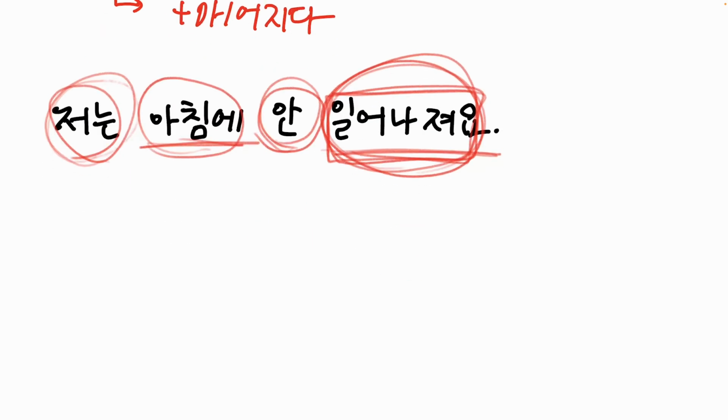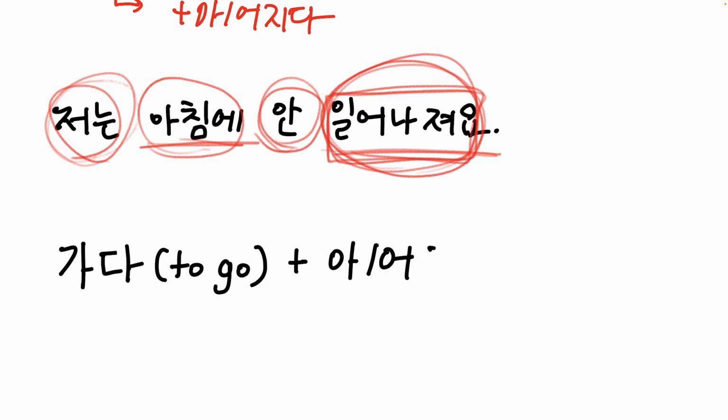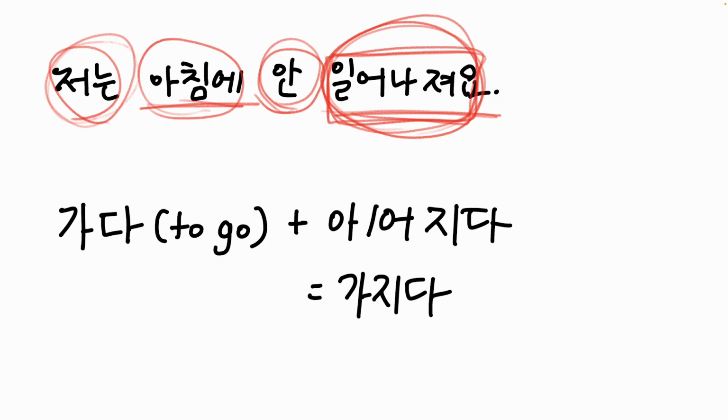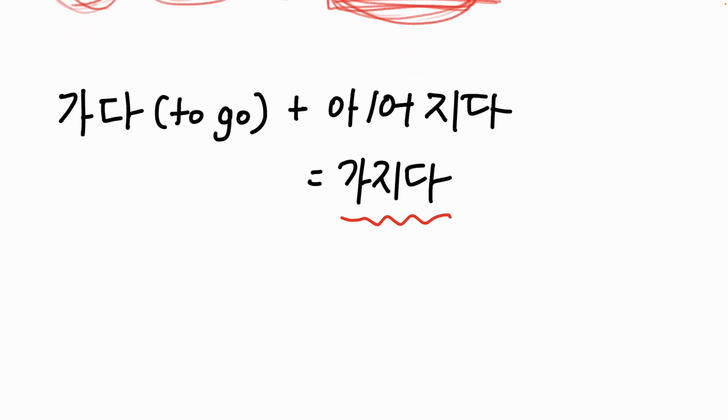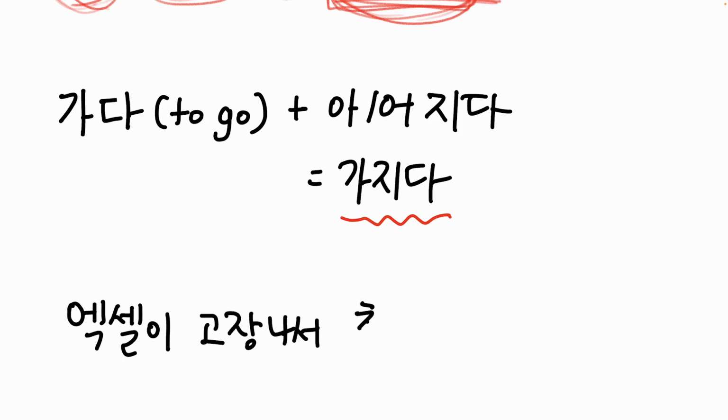And also, guys, 가다 means to go. 가다, this kind of verb can also be attached to 지다 and become 가지다. And this 가지다 would mean for going to naturally happen, right? So you could say something like 엑셀이 고장나서 차가 안 가져요.